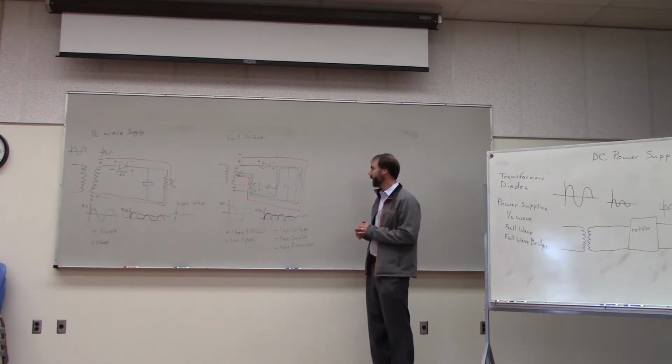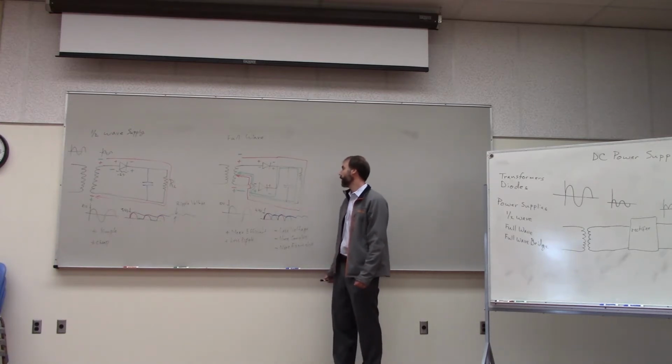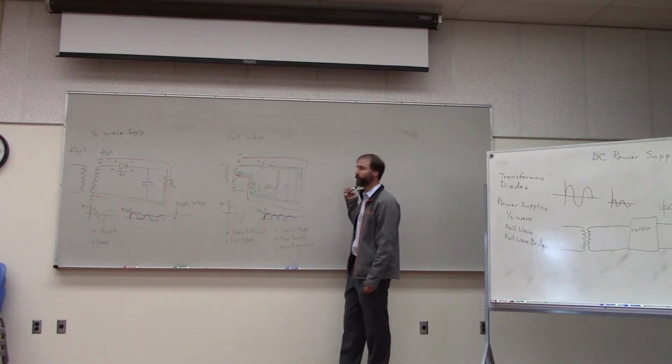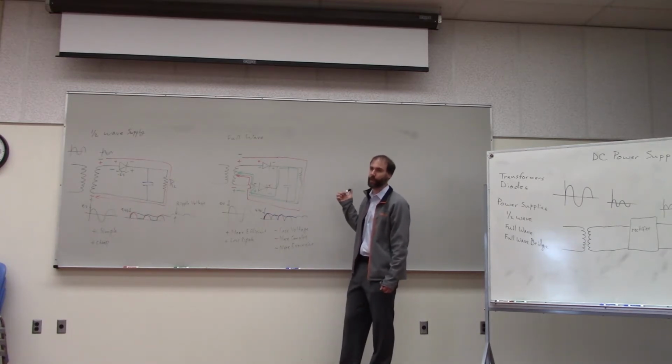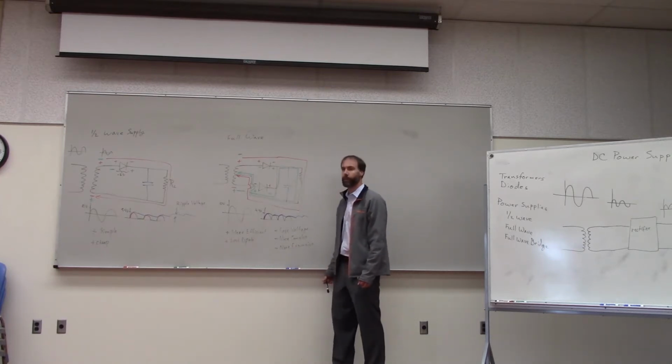What we'll see in a second is that the full-wave rectifiers, full-wave power supplies, are actually probably the most expensive, and they're not quite as good as the full-wave bridge rectifiers, full-wave bridge power supplies. So the full-wave supplies are not used very often.